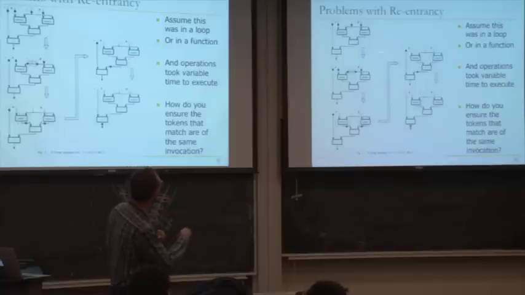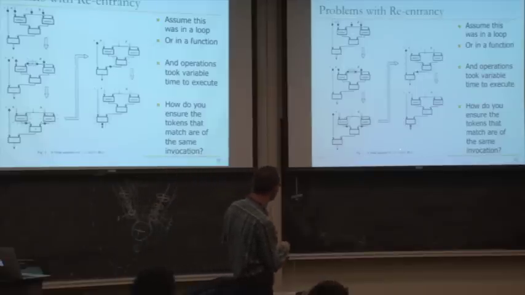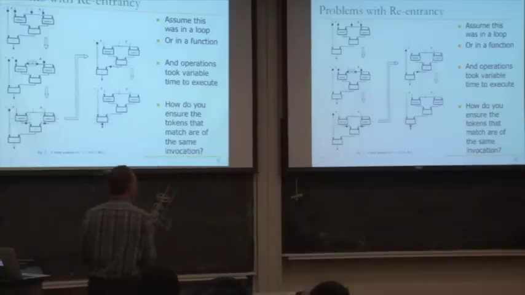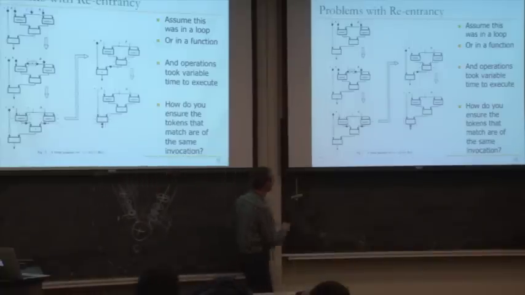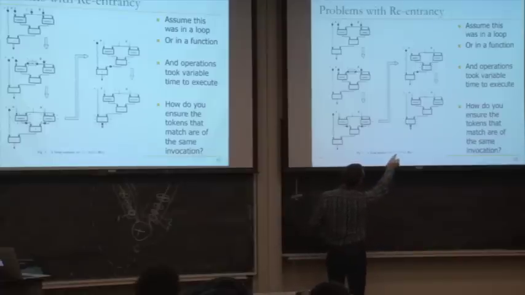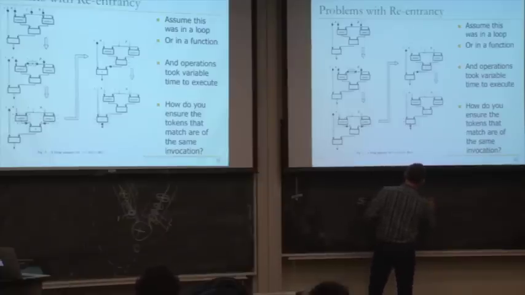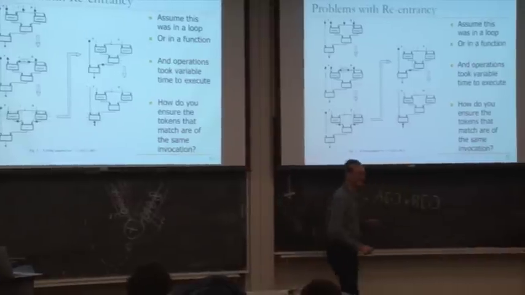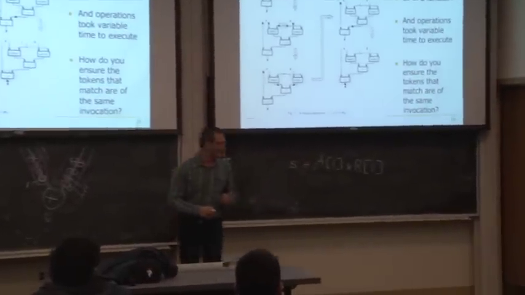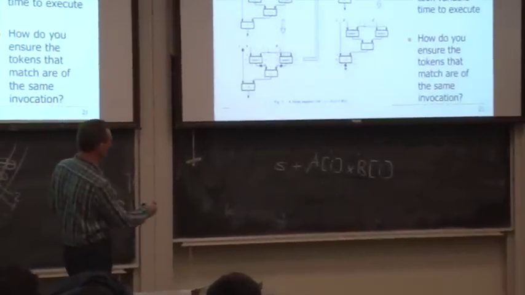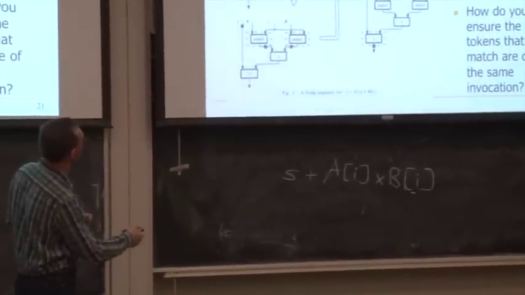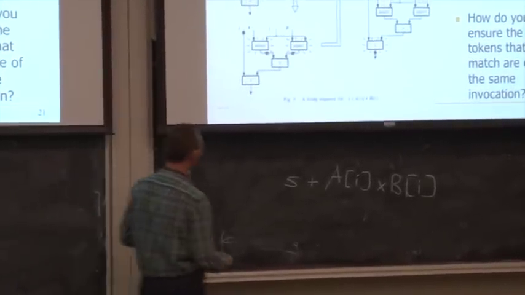If you look at this, this is from the paper you read. This is basically the code for this, S plus AJ times BJ.